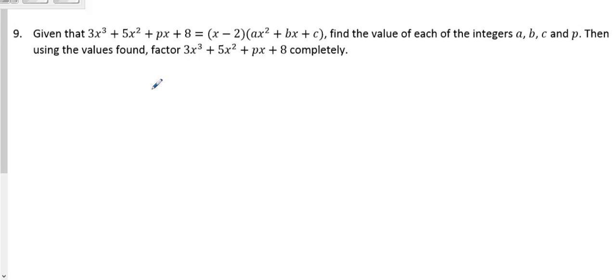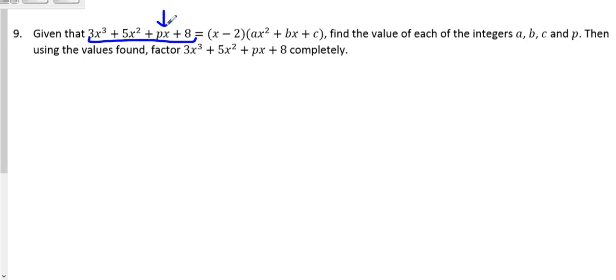Here we have a problem that is not solved as straightforward as the other ones that we have had on this review. This problem requires us to use both the remainder and factor theorems to complete all of the different parts of this. So what we have is an equation with an extra variable.